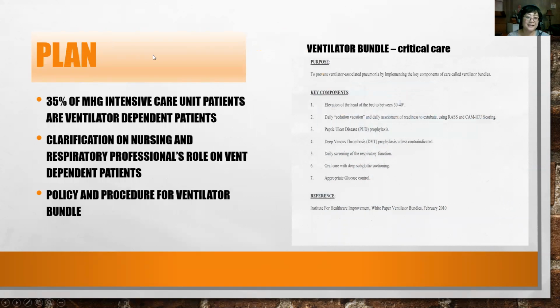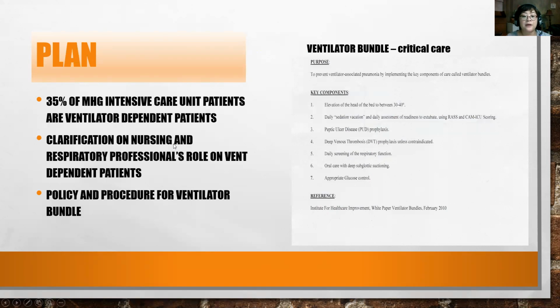As for PDSA, the planning part of the presentation was to see what we need to do. The plan was based on the fact that 35% of Memorial Hospital Gardena intensive care unit patients are ventilator dependent.